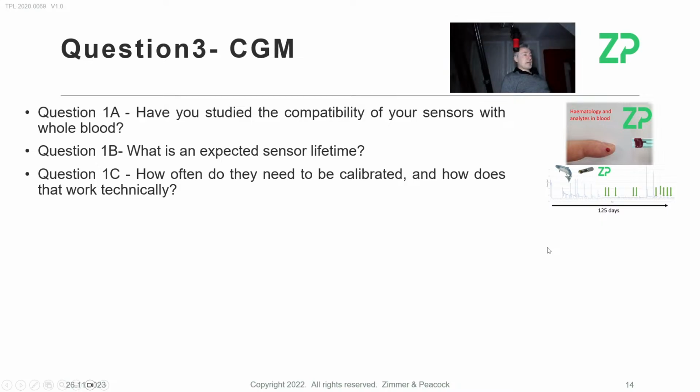Do your sensors need to be calibrated, and how does that work technically? Well, there's really 2 mindsets. You can do factory calibration or single point calibration in the field, and that's to be determined. Even though ZP might have a CGM sensor, I suppose it's worth saying that I started off my glucose diabetic work in approximately 2000 when I was with Abbott, making glucose strips in those days. I was in California for quite a few years, and I worked on CGMs in California.